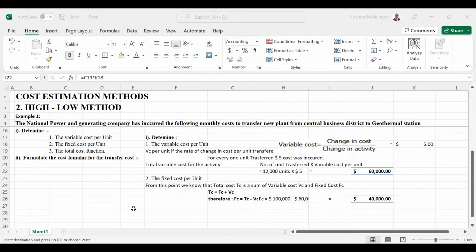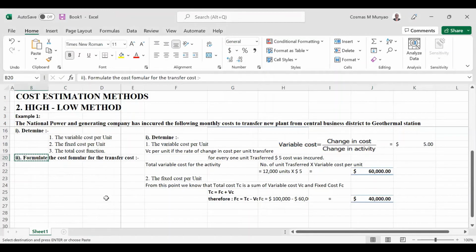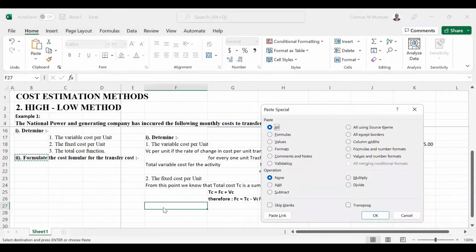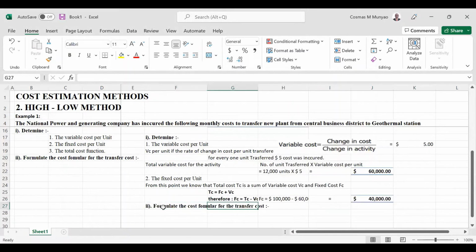So the other question is to formulate the cost function.